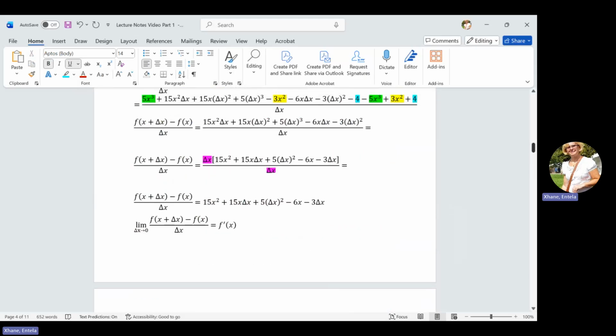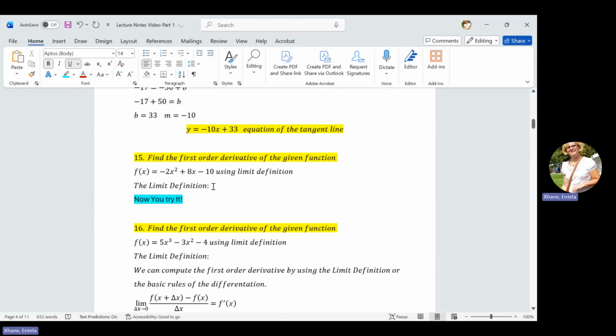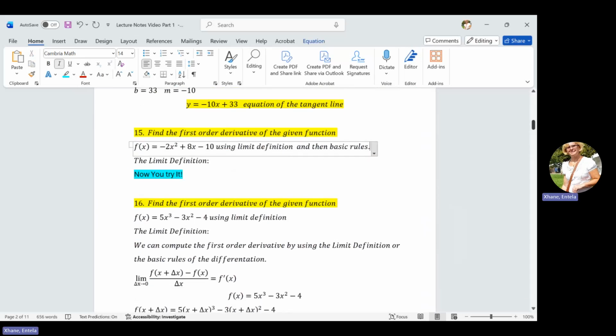Now for the same thing I did for number 16, I'm gonna say now you try it. So using limit definition and then basic rules. Okay. You already know what the limit definition is.